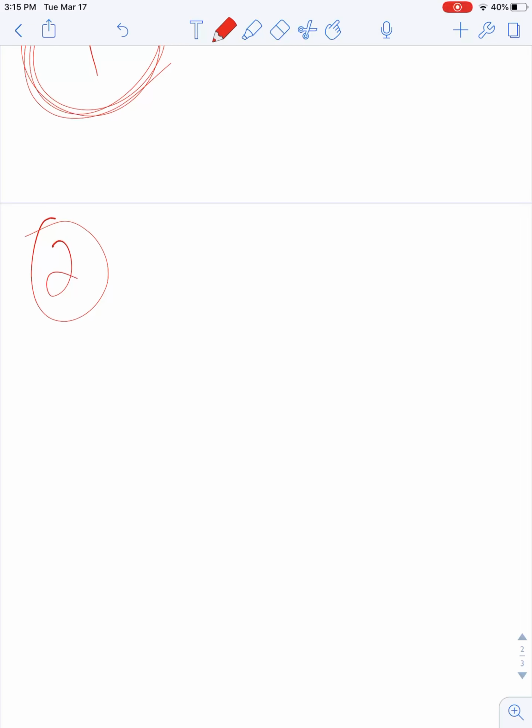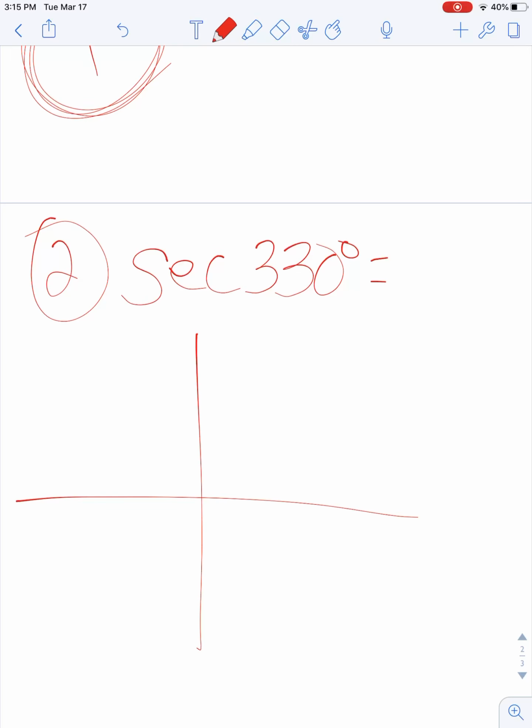So let's do secant of 330 degrees. Right away, you should pretty much know what quadrant it's in. So I know that that's between 270 and 360. So I know I'm here in the fourth quadrant. So I'm not going to necessarily draw this. I don't need to do that because I know I'm in the fourth quadrant.